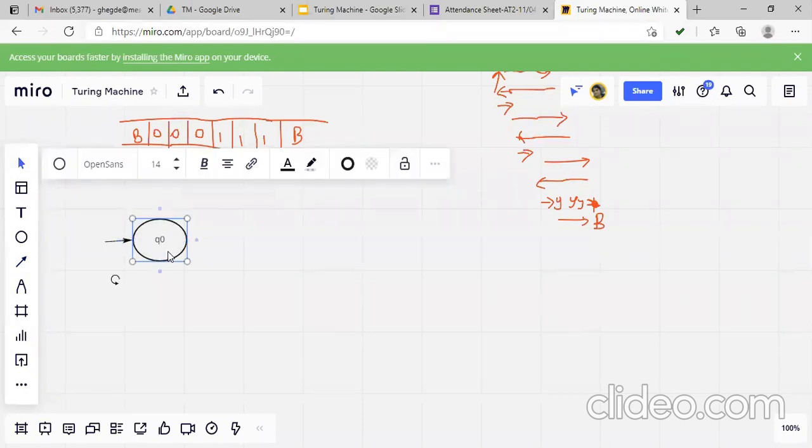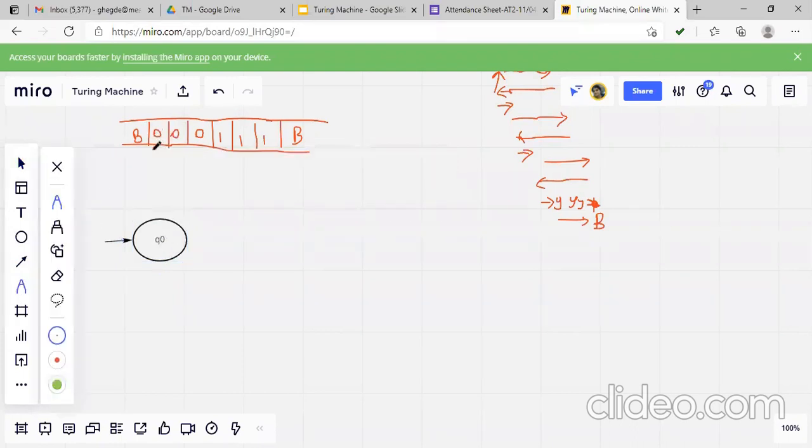Fine. In the start state, what are we doing? We are reading 0. 0 ko hamein kya karna hai? We have to convert it to x and move right. When I get a 0, I should get a 0, right? I cannot get a 1.